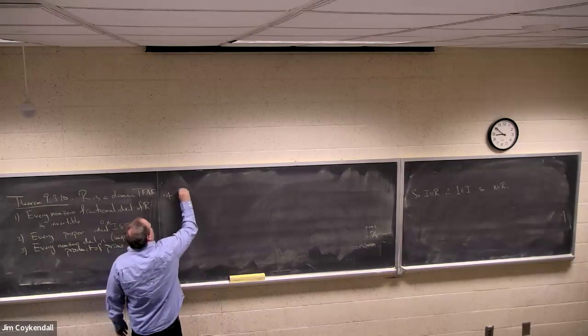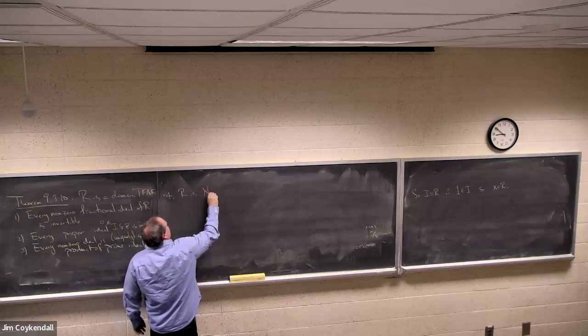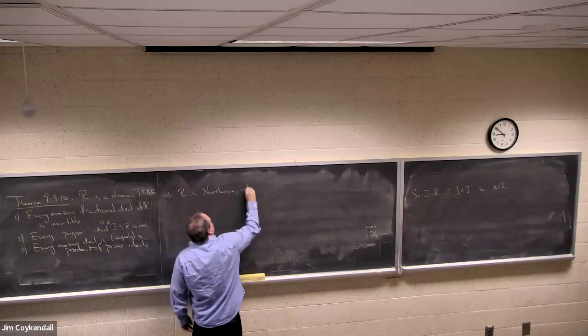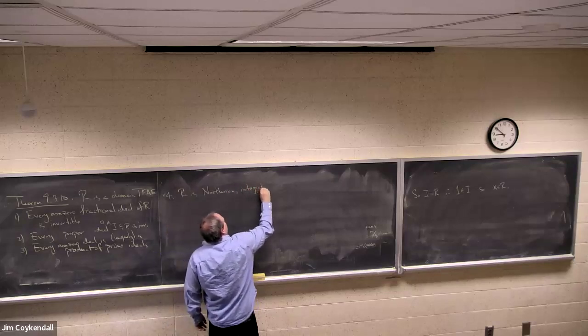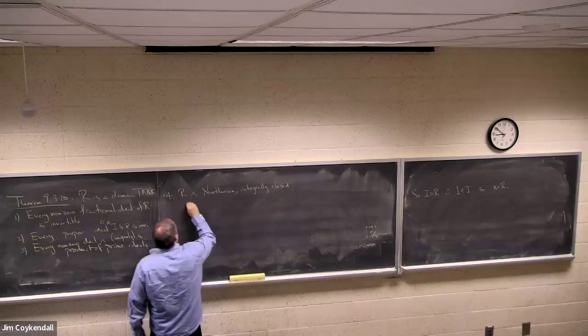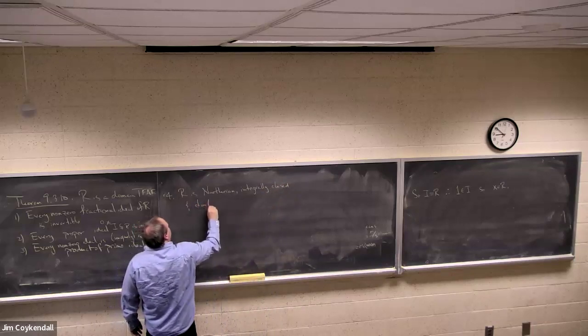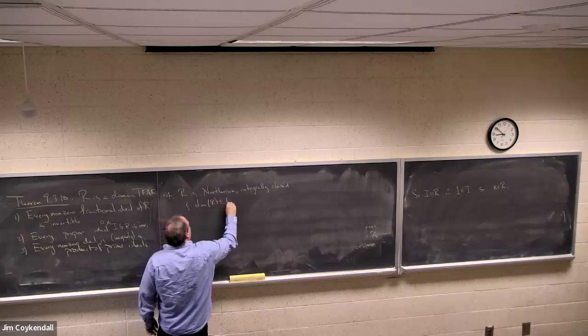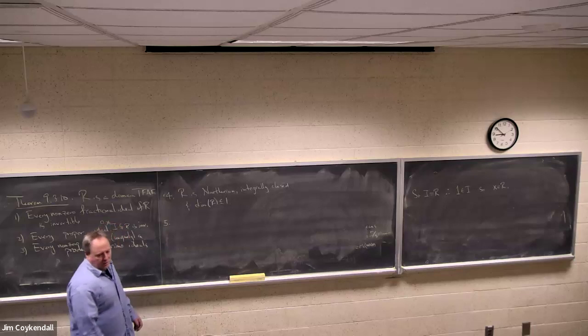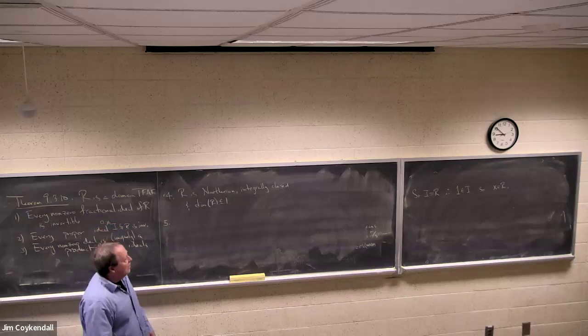And 4, R is Noetherian, integrally closed, and the Krull dimension of R is less than or equal to 1. So that means either the dimension of R is 0 and it's a field, or the dimension is 1, in which case all non-zero primes are maximal.